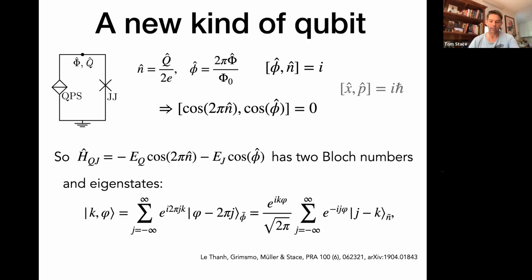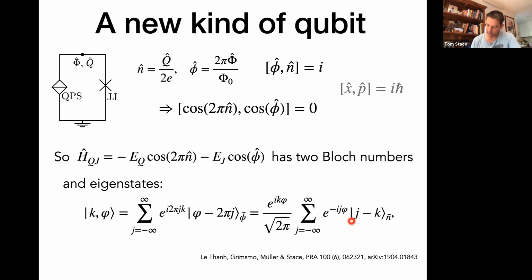And I can write what those states look like in terms of the flux basis or the charge basis. The state k phi is just a comb of states, a sum of integers with weight sitting at 2 pi j in the flux basis, with a modulation that goes like the parameter k.